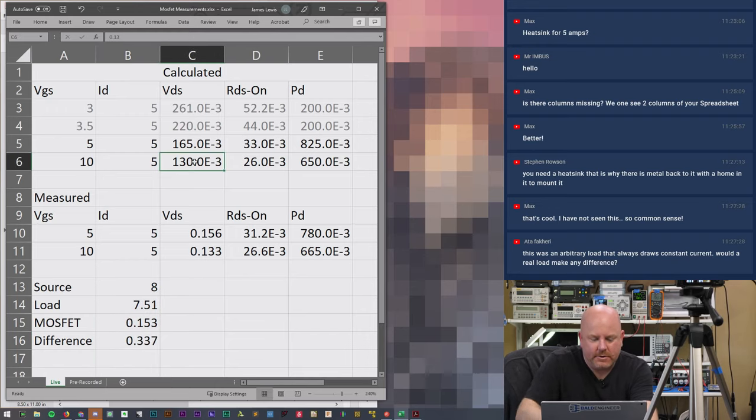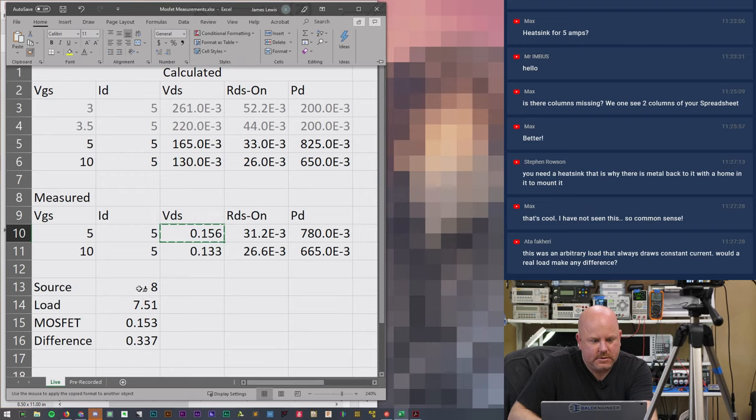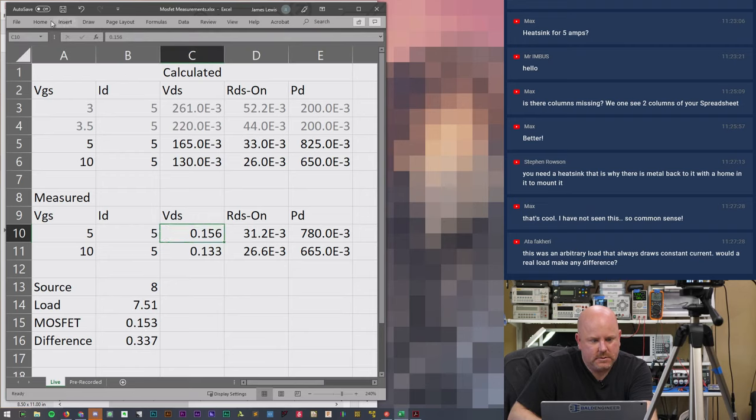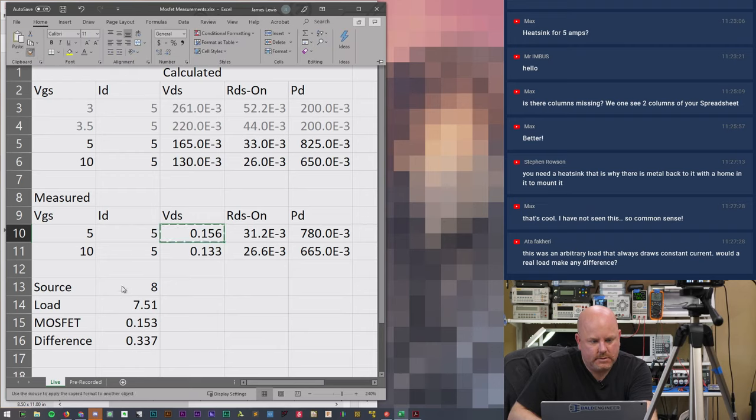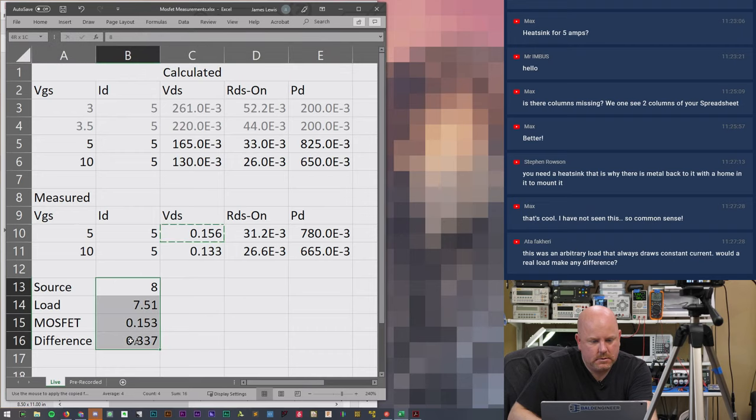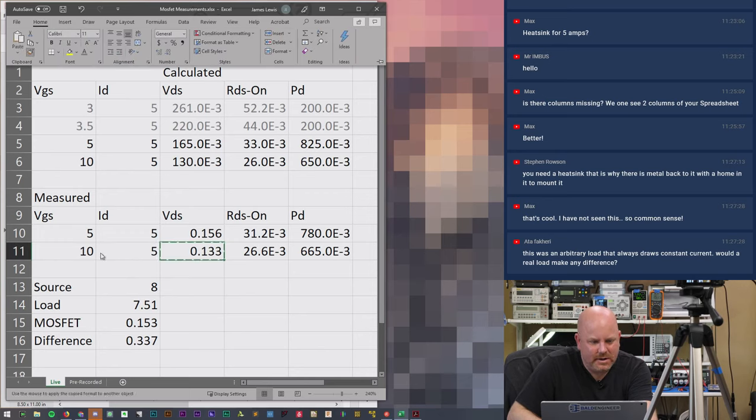And then the other thing I'm going to do is get my engineering notation so that we can see.